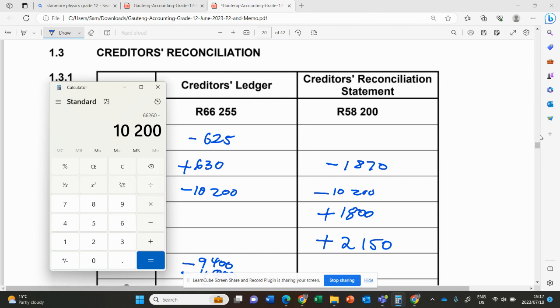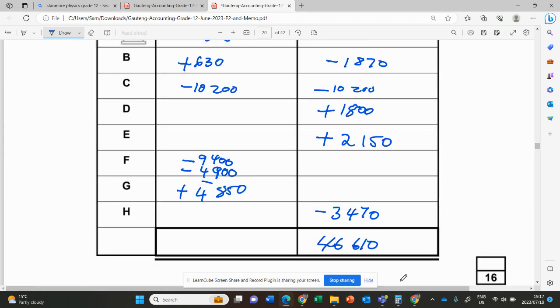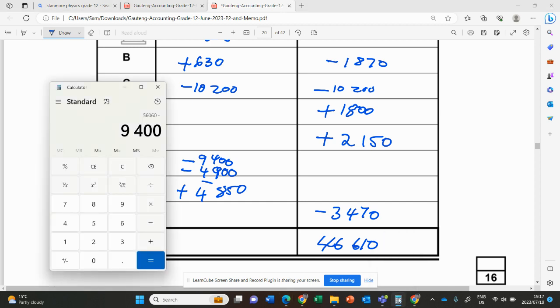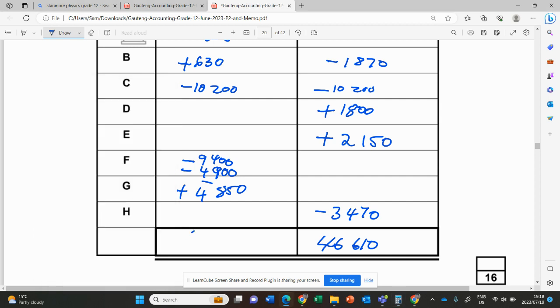And let me go down, minus 9,400. Minus 4,900, then plus 4,850. Then that is 46,610. Then now the balance is 46,610.